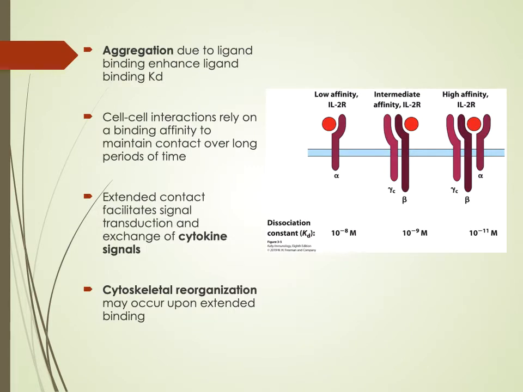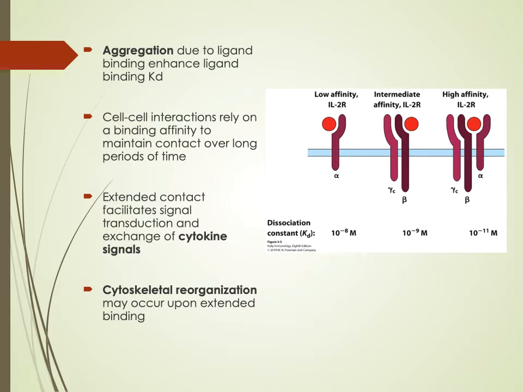We can also get aggregation due to the ligand binding, and this will actually enhance the ligand binding KD. If we look at our figure, if we only have the alpha strand of the IL-2 receptor, we're going to have a low affinity.